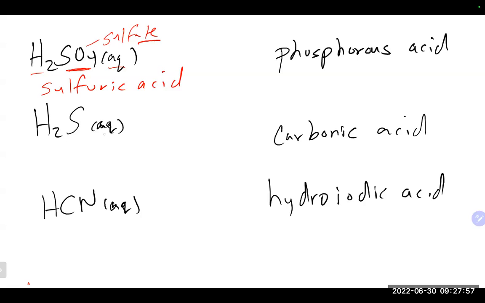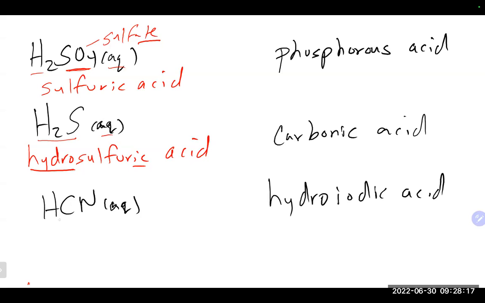Coming over here, we see aqueous, I see some hydrogen, I see sulfur there. I do not see oxygen, so this tells me it should have hydro in front of it. So this would be hydrosulfuric, right? The I and the hydro, and this would be acid at the end.